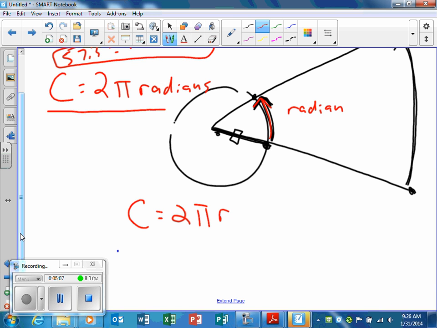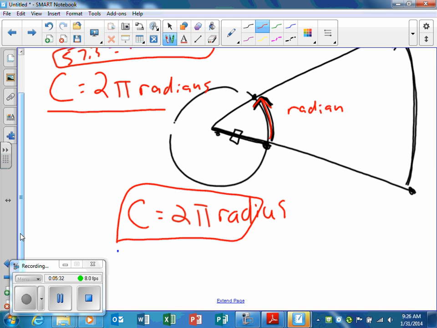Or maybe 3rd or 4th, or maybe 8th. How many of you have never learned this formula? What does this formula mean to you? If you reset a couple days ago, what does this formula mean to you? 2 pi what? Radius, right? That's what you're used to, that's what you know.